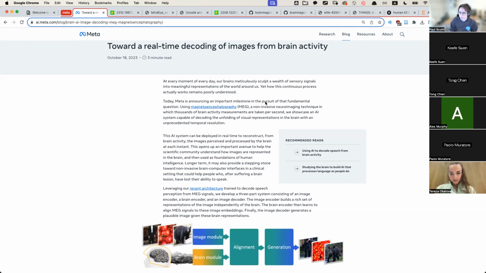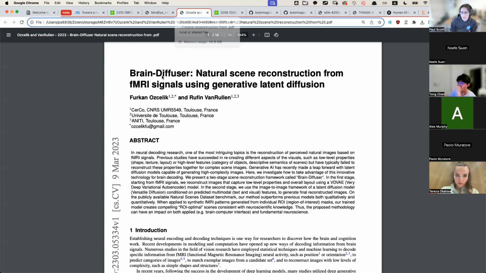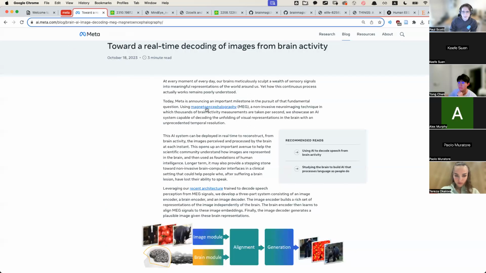It extends a lot from previous work in the fMRI domain. Specifically, the paper that our group released, MindEye, did this same approach using the fMRI modality, and the Brain Diffuser paper from Furkan Ozcelik and Rufin VanRullen is referenced a lot in this paper. So they're borrowing from these other approaches in fMRI and seeing if they can get it to work with MEG.